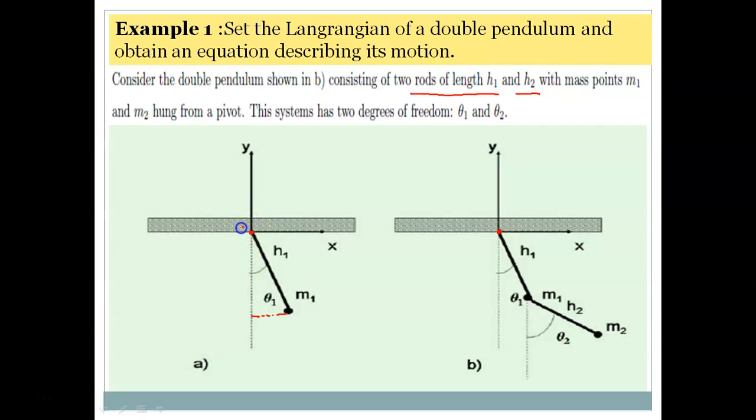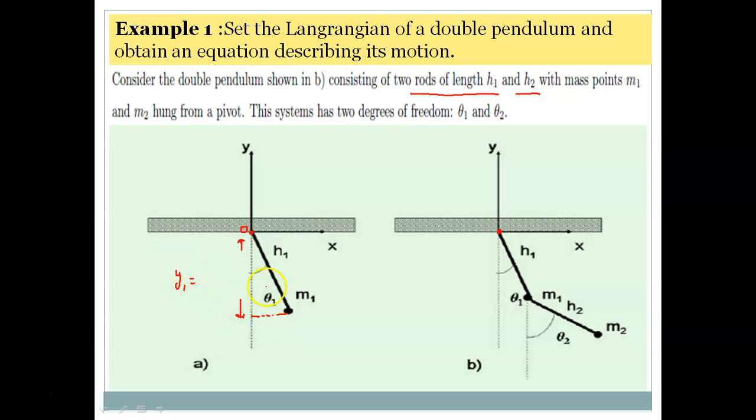We are considering that this is the origin. So when we are moving here, the y distance will be negative. Here this length is h1.